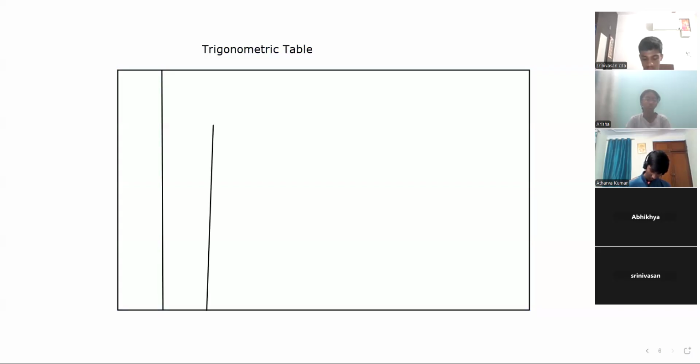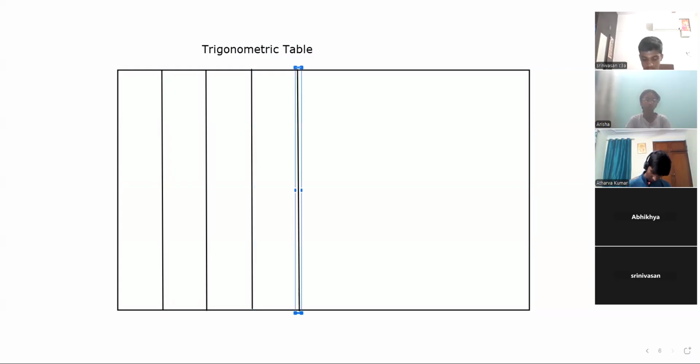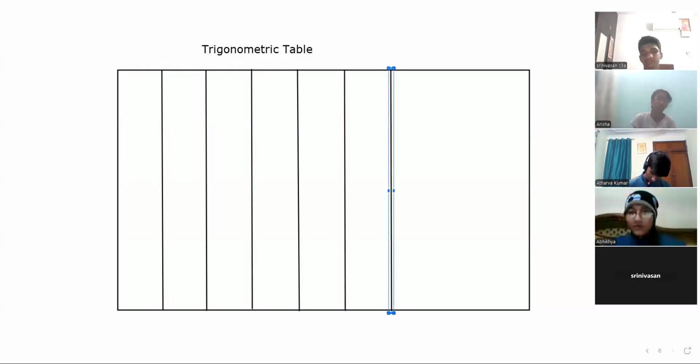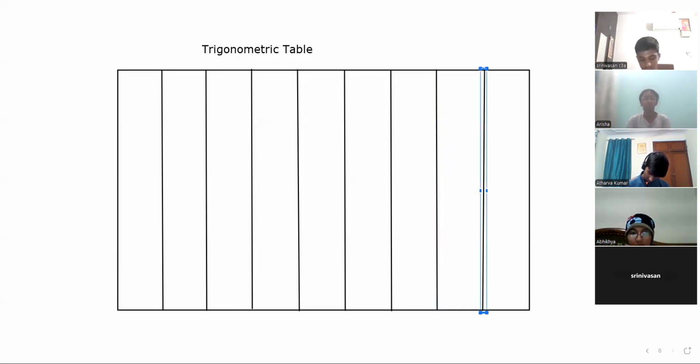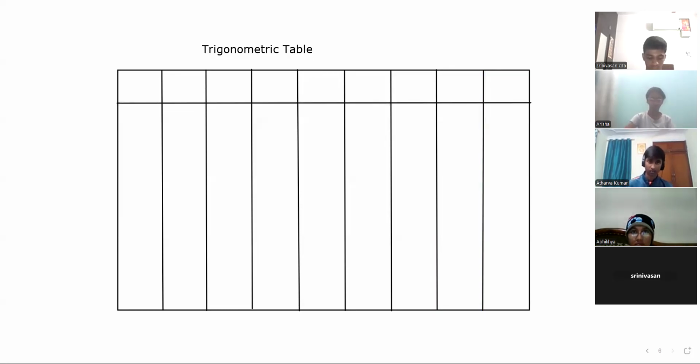This is 0, 30, 45, 60, 90, 180, 270 and 360. So 3, 3, 6, 2, 8 functions.